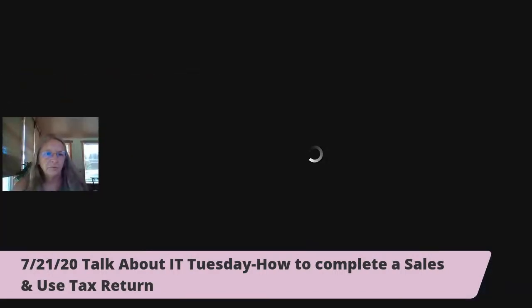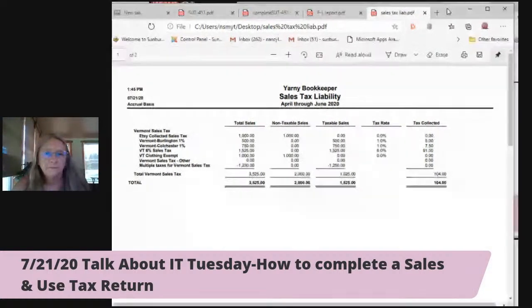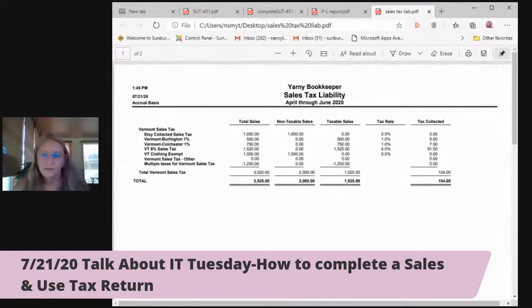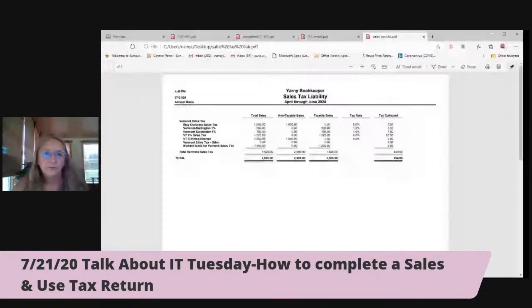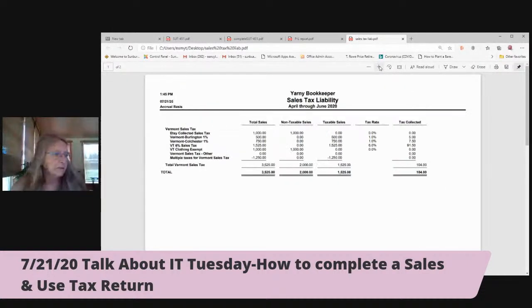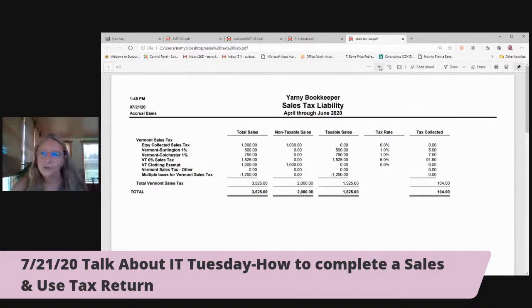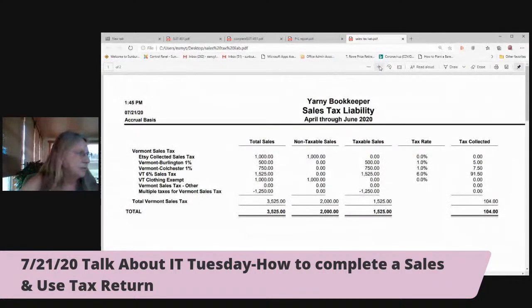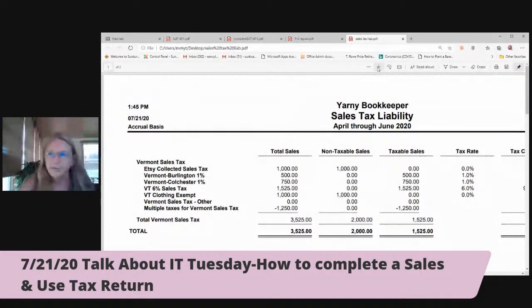Now, let's see if I can make this any bigger. Novella, this should be getting a little bigger to make it a little easier to see. And this is about as big as I can go before I start losing everything.